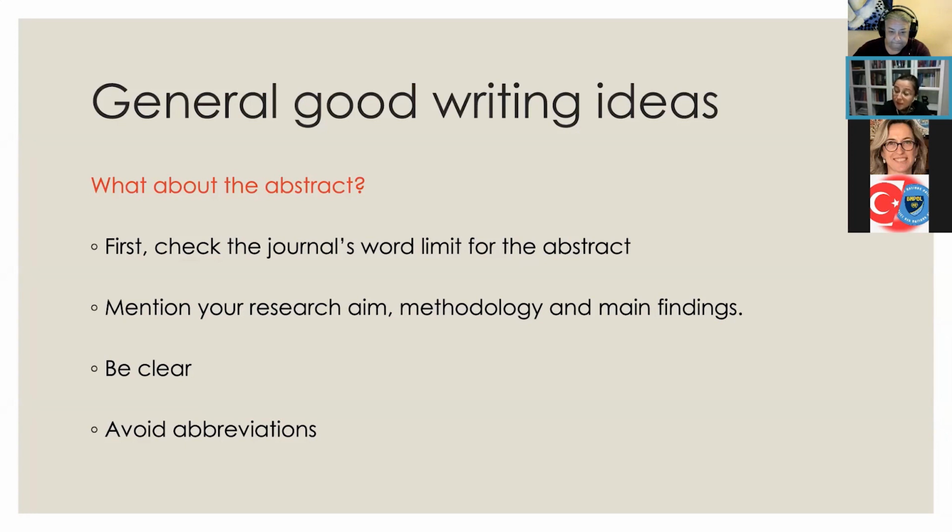I think the abstract is the most important part of a paper, because editors and readers, especially when they don't have much time, will first read your abstract and decide whether to continue or stop, right? So it should be appealing to the international, broader audience.